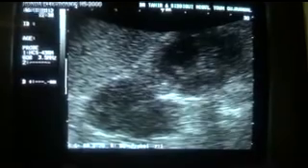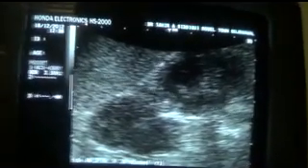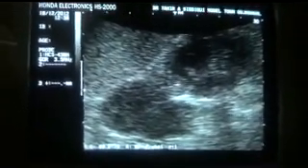Now this focal lesion and this focal lesion, they share the capsule of the left kidney. This is the capsule of the left kidney. This is the splenic parenchyma.